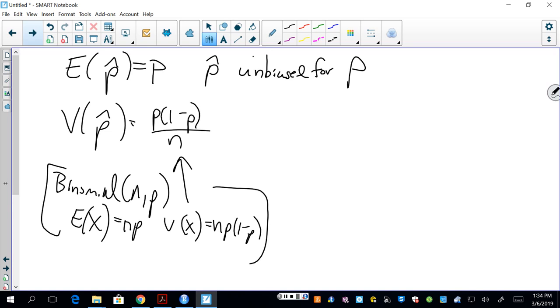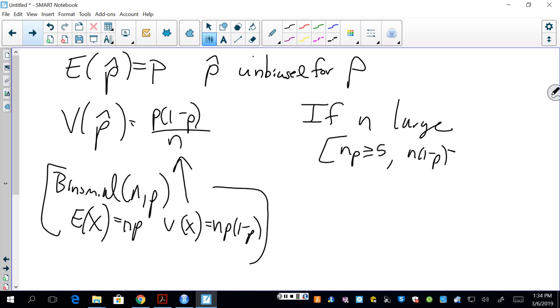If n is large enough, which is np greater than 5, n times 1 minus p greater than 5, or maybe greater than 10, I guess it's something like that, is the usual cutoff. Kind of in degrees, you want the sample size to be larger.